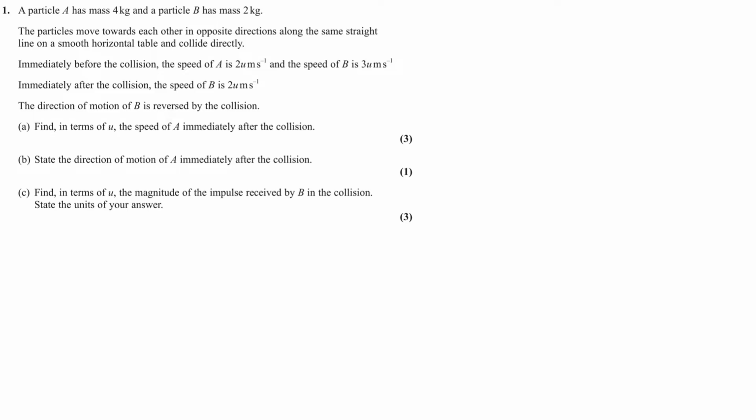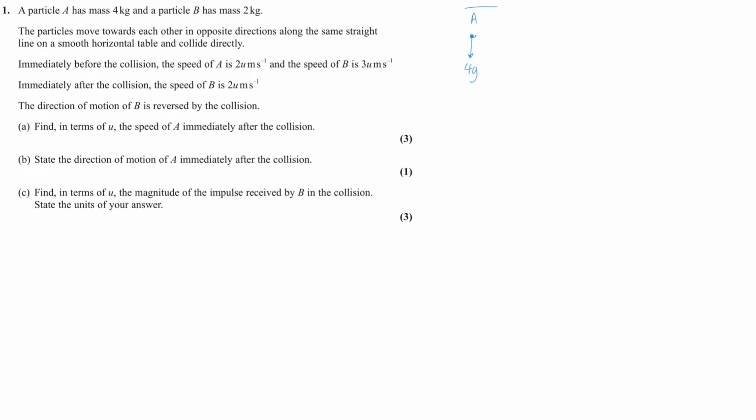Okay, so in mechanics it's best always to draw a diagram where you can. So we have a particle A of mass 4 kilograms and a particle B of mass 2 kilograms, and they move towards each other in opposite directions along the same straight line.